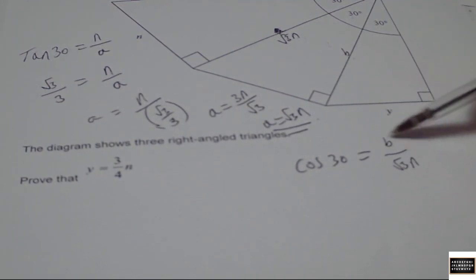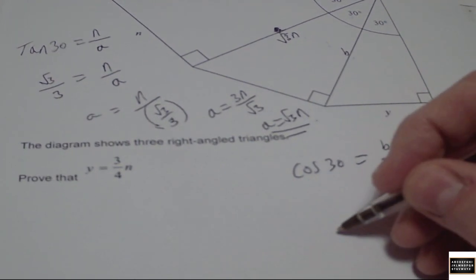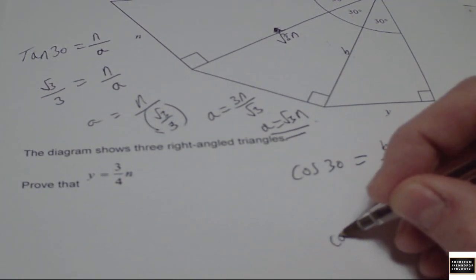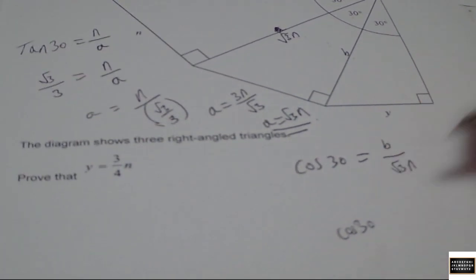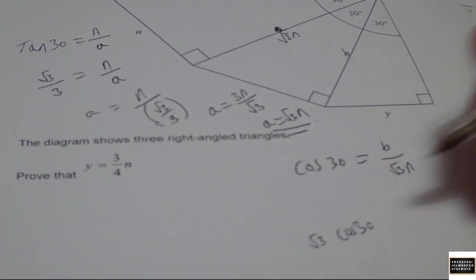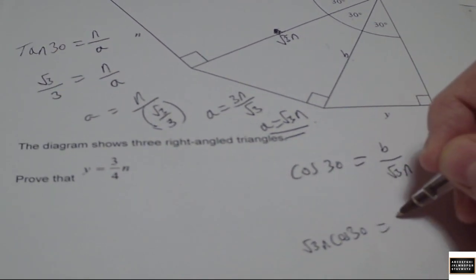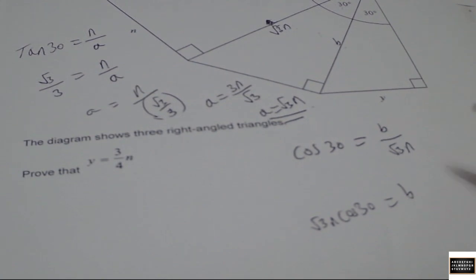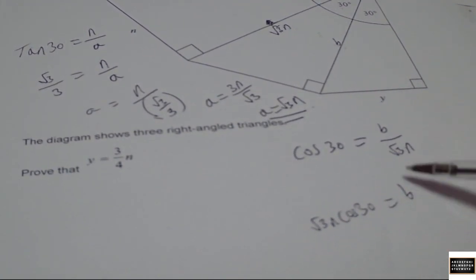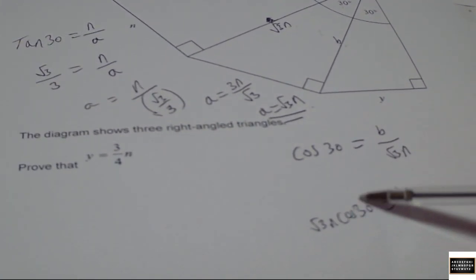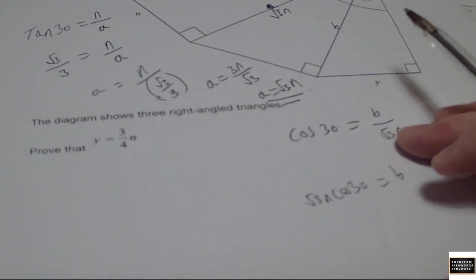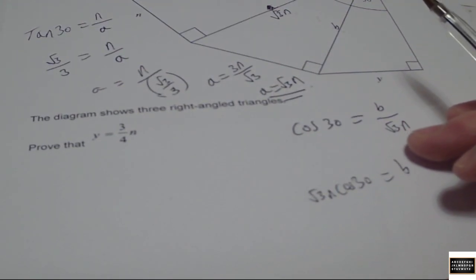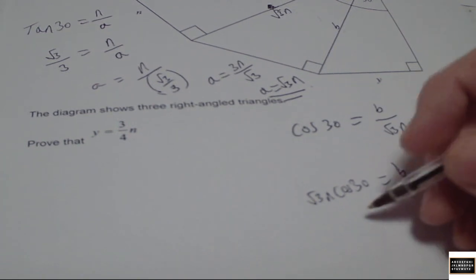Again, I'd like to know what b was. So I'm going to write cos 30 and then root 3n cos 30 is b. It's just multiplying that by that. Now cos 30 we learned earlier, and cos 30 is root 3 over 2.